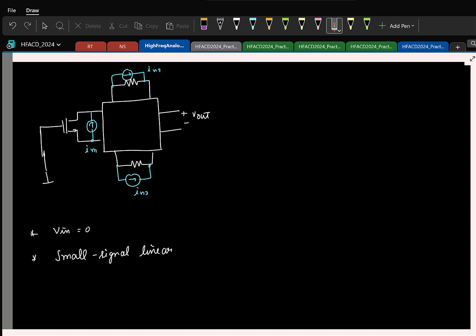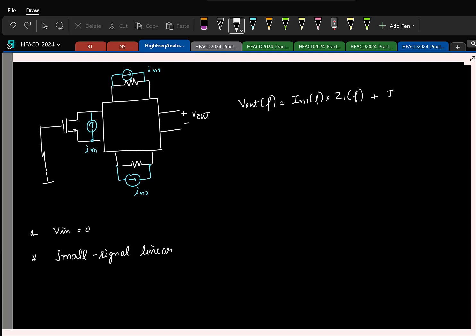Here the output is voltage and the input is a current, so what will be the dimensions of the transfer function? Impedance, right? So if I were to write the Fourier transform for now, it will be In1(f) times a transfer function having the dimensions of impedance.